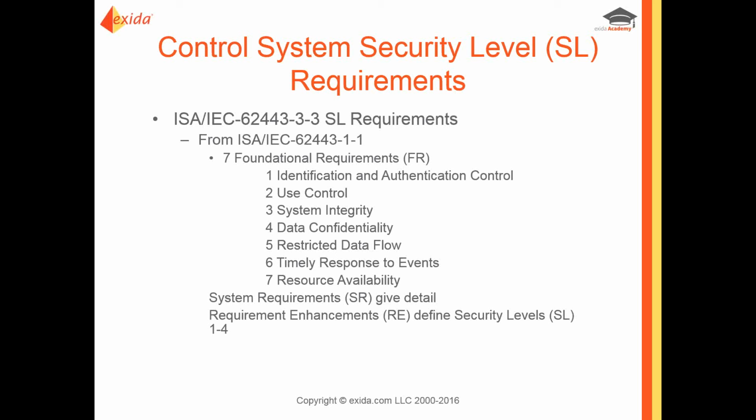One of the things in IEC 62443 in their 3-3 document, they define 7 foundational requirements, and within those foundational requirements, they start indicating those items that would pertain to security level 1, and then what additional things would be needed for security level 2, then 3, then 4.